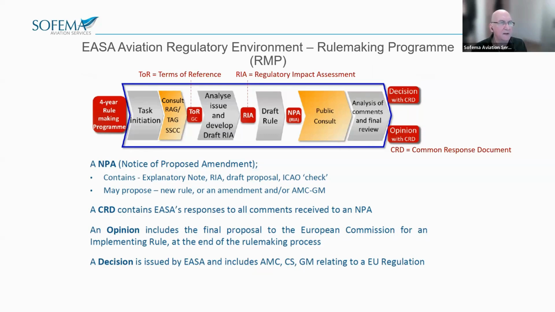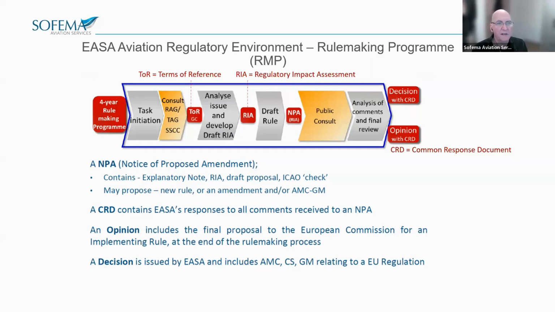And then this is analysed and turned into an RIA, which is a regulatory impact assessment. A draft rule is then drafted up and it's circulated amongst the public and the industry for their comments and inputs. It's circulated as an NPA, which is a notice of proposed amendment.